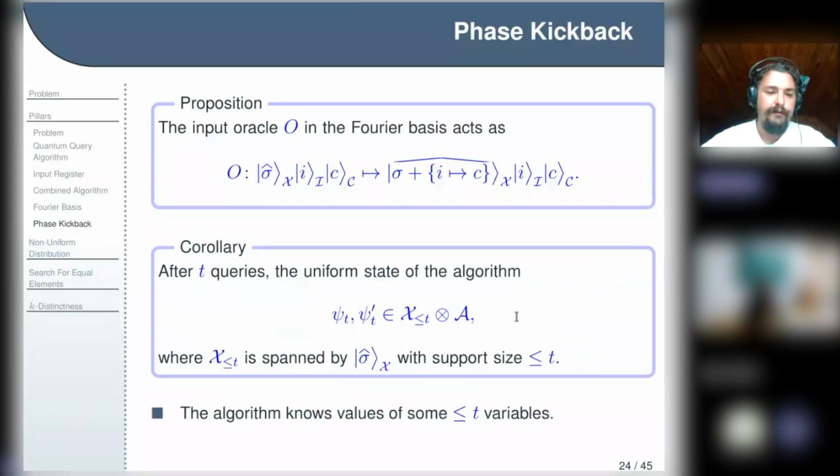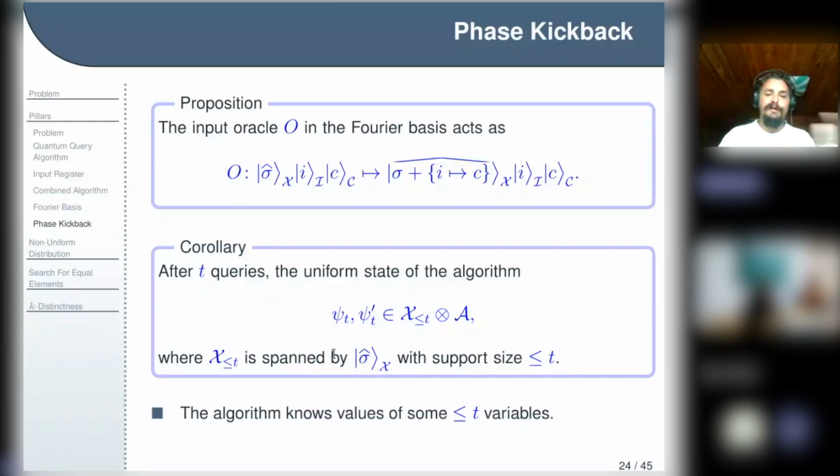In particular, we had the following corollary: after T queries, the state of the algorithm, whether it's psi_T or psi_T prime, lives in the subspace X at most T tensor A, where A is just the space of the algorithm, and X at most T is spanned by all the elements sigma hat of the Fourier basis which have support size at most T. Intuitively, the algorithm is in superposition, as usual for a quantum algorithm, but each branch of the superposition has knowledge only about the value of at most T variables.